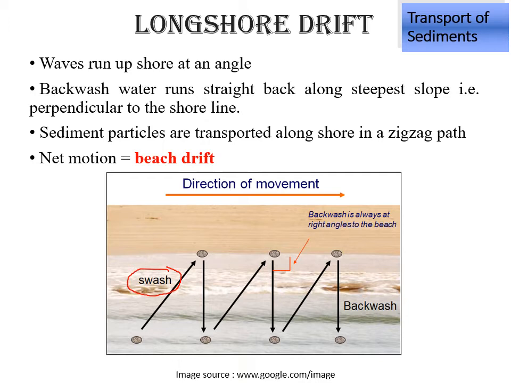But after approaching the most inland part of the coastal area, when this wave goes back due to the action of gravity towards the downslope areas, that is towards the offshore part as backwash, then this backwash occurs exactly perpendicular to the shoreline, that is exactly 90 degrees with respect to the coastline.